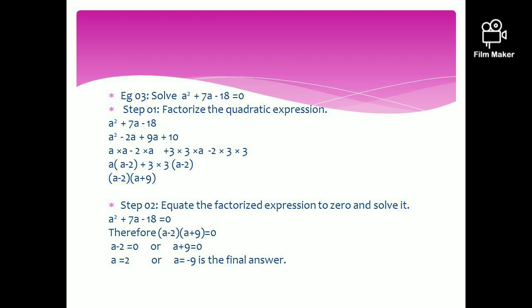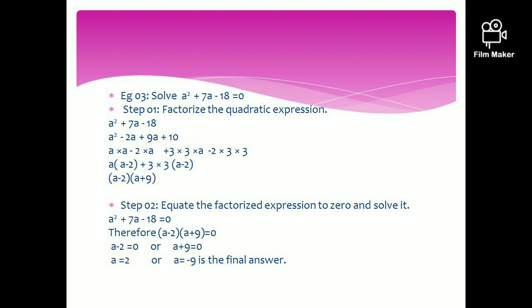Therefore, instead of 7a, you can write minus 2a plus 9a, but the order is not important. If you want, you can write minus 2a plus 9a or 9a minus 2a. It doesn't matter what sequence you use to write, you get the same answer at the end.